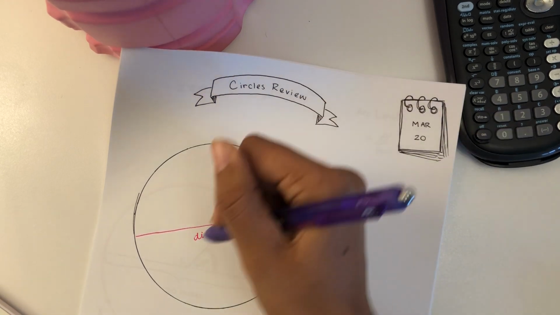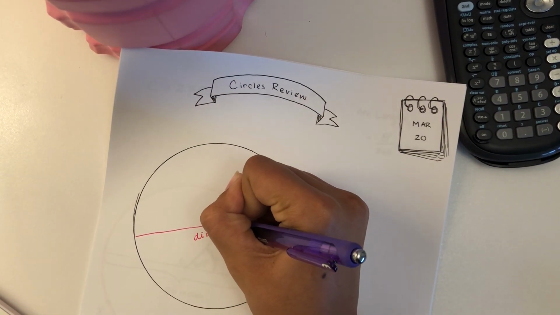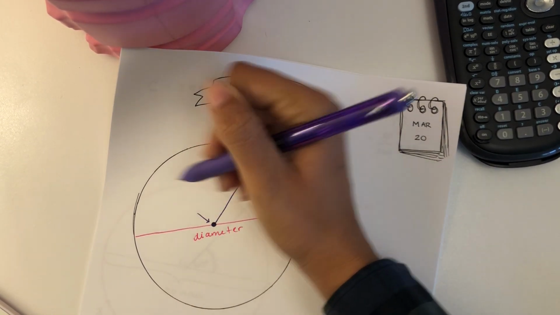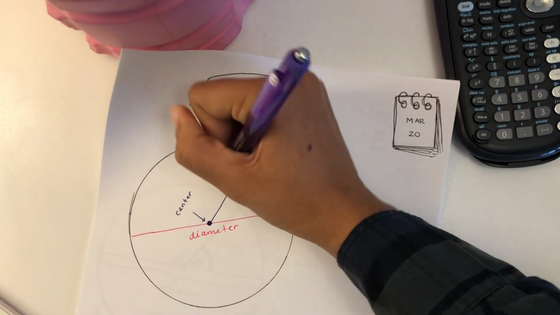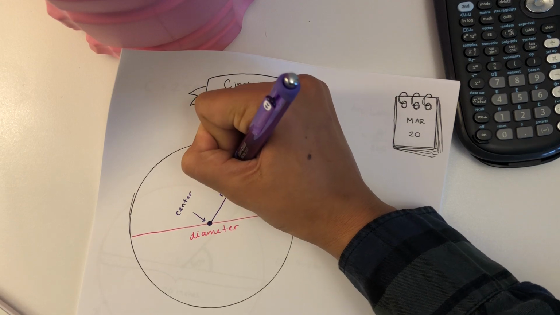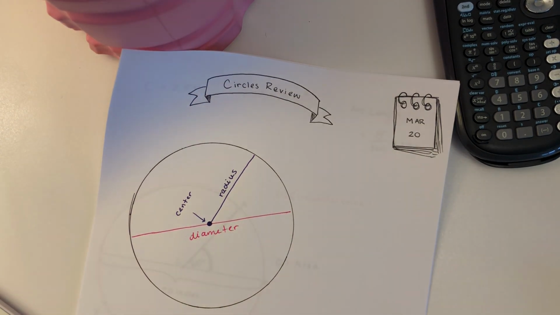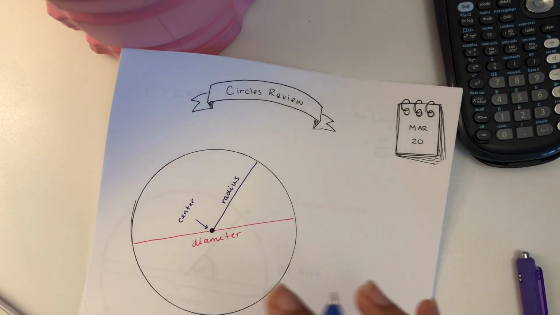All right, then draw one of these. This point here is our center, right? And then this line here is your radius. Looking good so far, I hope. All right, a couple more things.